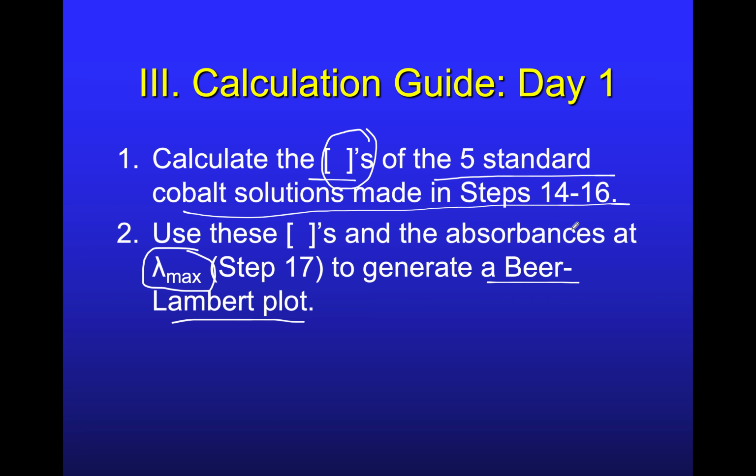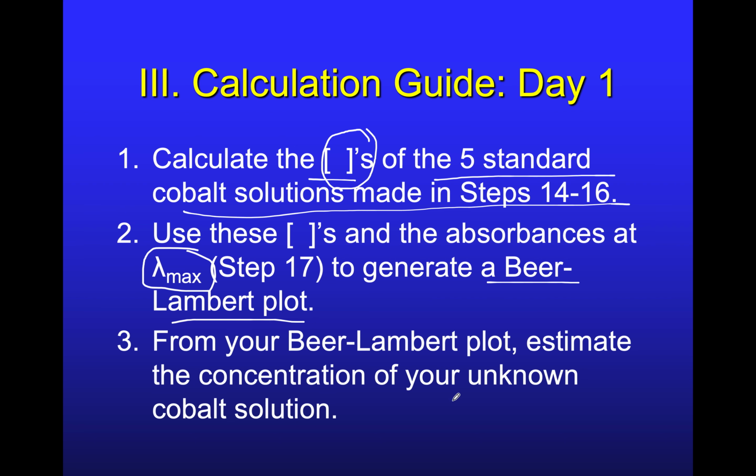This plot is then used to estimate the concentration of your unknown cobalt solution. So: calculations, concentrations, absorbance, calibration plot or Beer-Lambert plot, and then you have an estimate of your unknown solution.